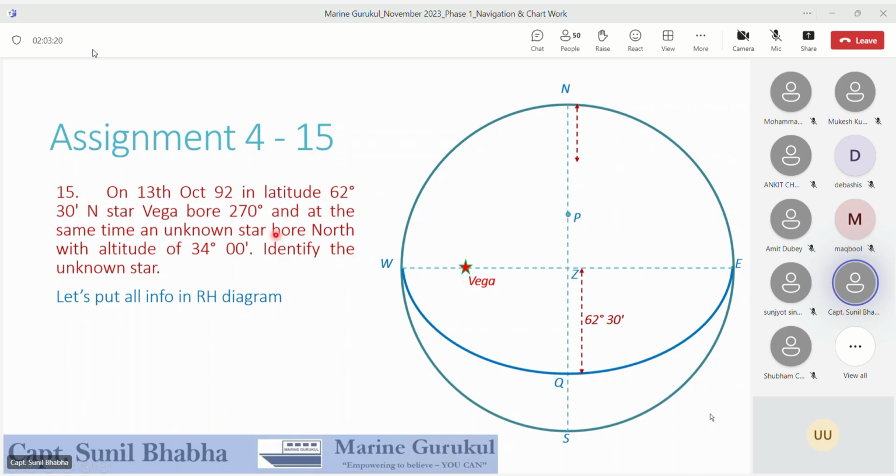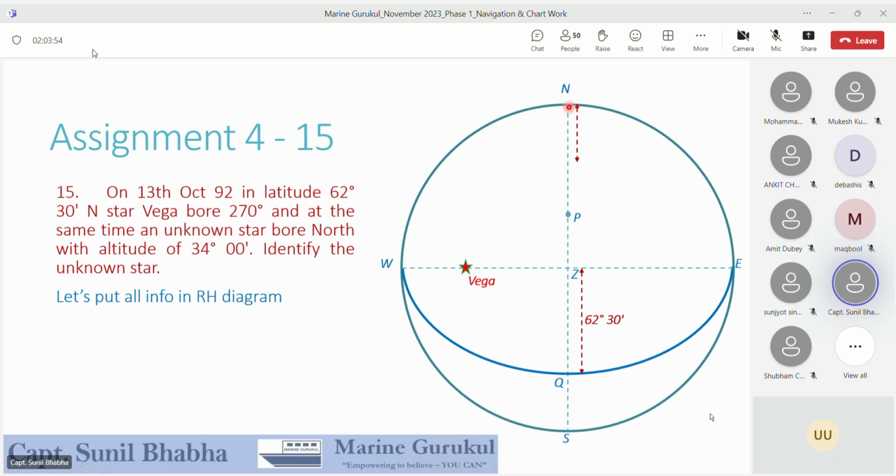Now the next information which is given in the question is the unknown star bore north with an altitude of 34 degrees. At the same time, when Vega was sighted, the unknown star was bearing north with the altitude of 34 degrees. Now coming back to our diagram, the ZN line represents the north bearing or 000 bearing. So the unknown star has to be somewhere on this line.